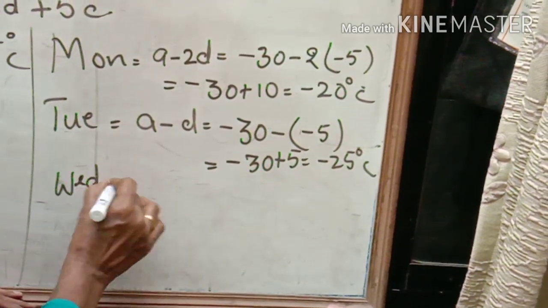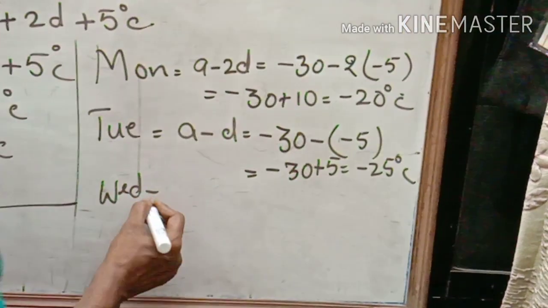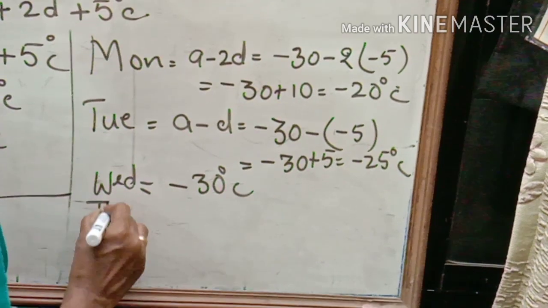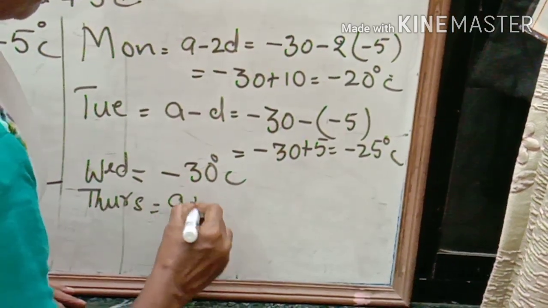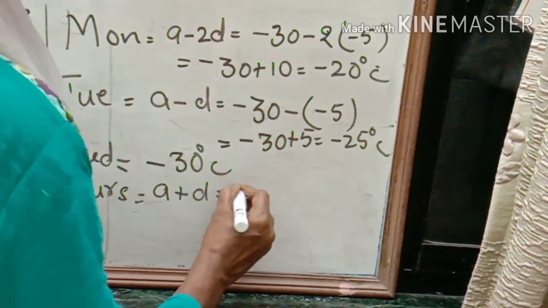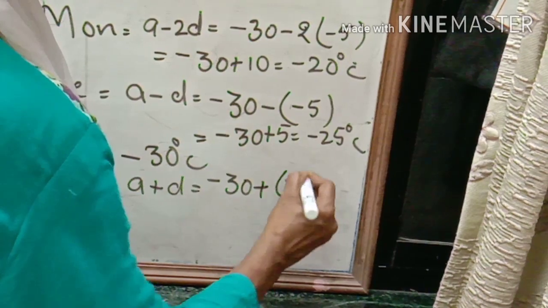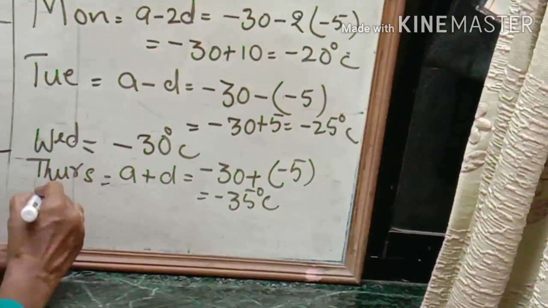Wednesday it is already given, minus 30 degrees centigrade. Thursday is equal to a plus d. That is minus 30 plus minus 5 is equal to minus 35 degrees centigrade.